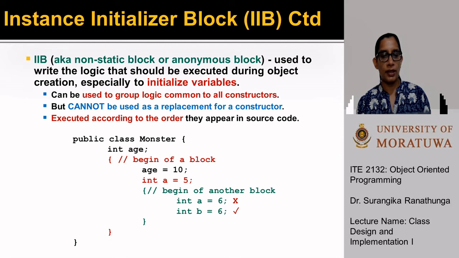As you can see here, this instance initializer block is a piece of code enclosed in a pair of curly brackets which appears outside a method or a constructor. And what you have to remember is, although these IIBs can be used to initialize variables, they cannot be used as a replacement for a constructor, because a constructor is needed to create objects.